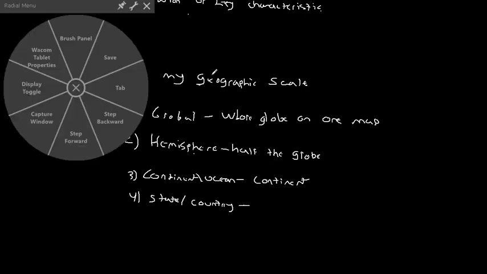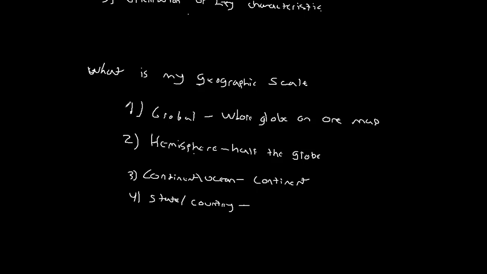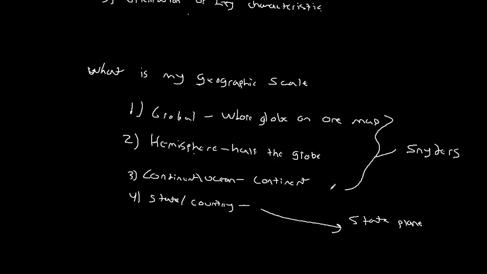Now, these three, global, hemisphere, and continental, are going to be covered under Snyder's. This country or smaller, this is going to be covered under what's called state plane or UTM, which are basically going to be very, very specific projections that are actually by design, because of the scale that you're working at, going to have minimal distortion.